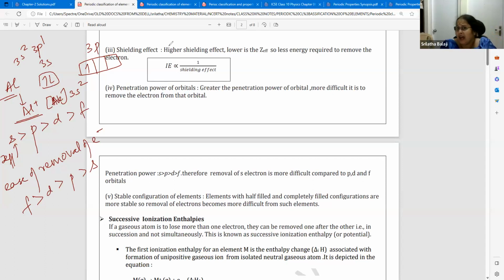So when an atom with half filled or completely filled configuration is available, will it lose an electron easily? No, it will not. So it will resist losing. So you have to spend more energy to remove the electron in such cases. Is that clear? Got it?